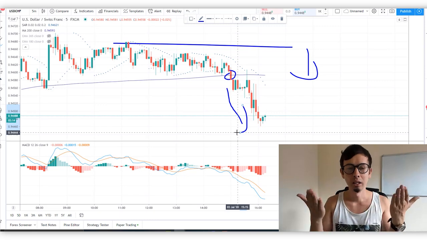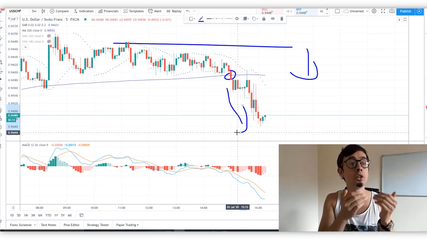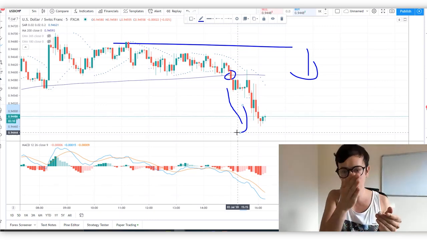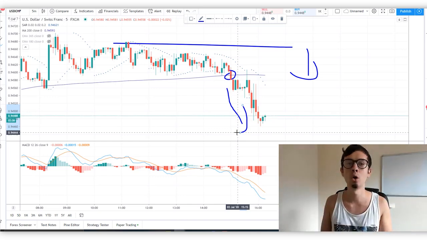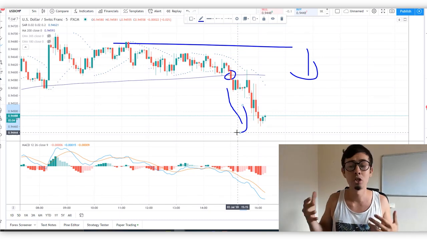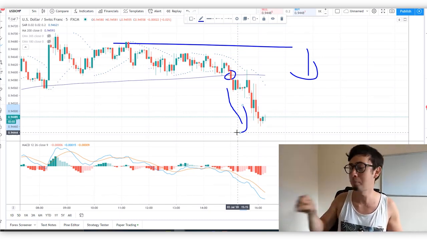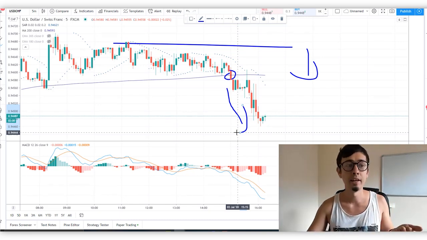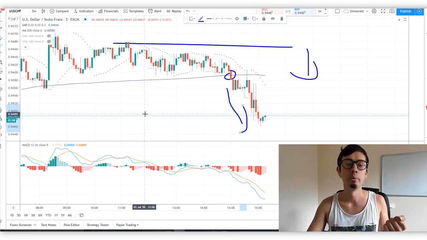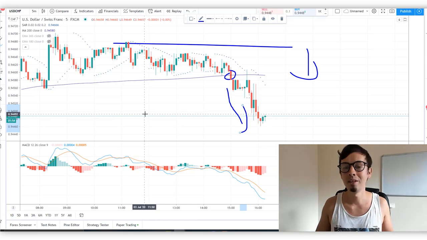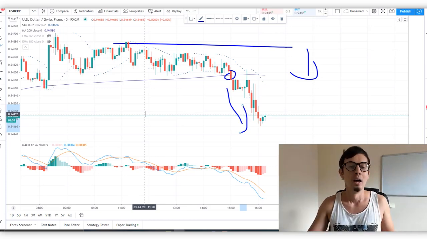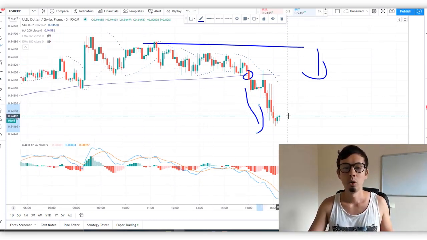I know that if USD CHF, the dollar against the Swiss franc, is going down, it means what? Yes, it means that the dollar will go up. It means that I should get my money and walk away. And that's what I did in front of the camera, because I really want to show you, guys, when you trade with money, your emotions could be all over the place, and you could wait for more money.